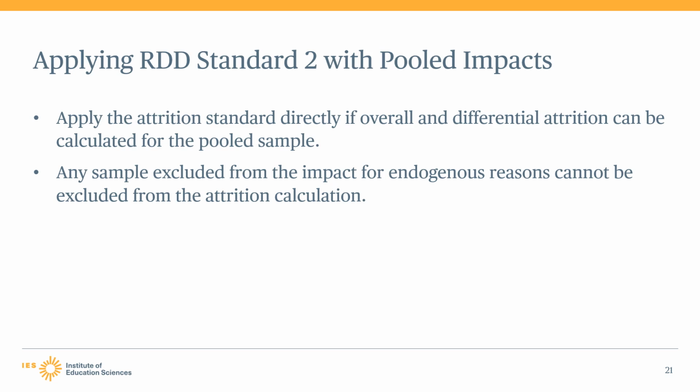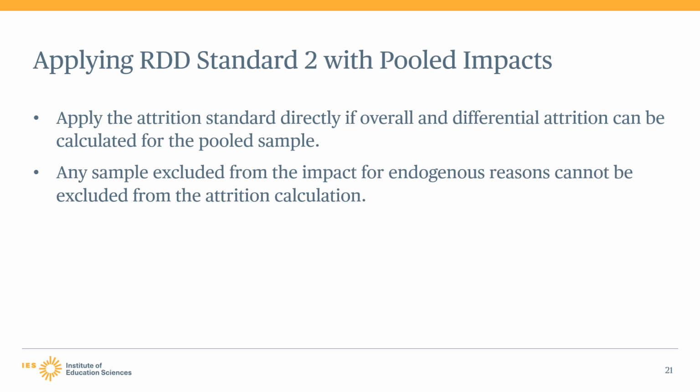For example, if a study was conducted at 5 separate sites, study authors might report pooled impacts if they standardized and combined the data from all 5 sites into a single data set, and then estimated a single intervention impact estimate using that data set.